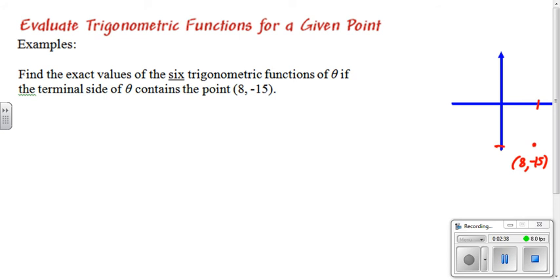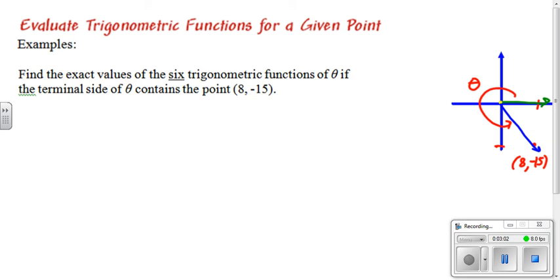Our initial side is here, vertex right at the origin, terminal side goes right through that point. So our angle comes all the way around, and we call it angle theta. And we want to find the 6 trigonometric functions.